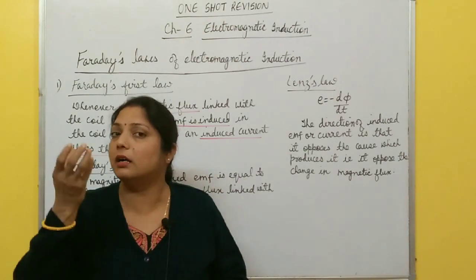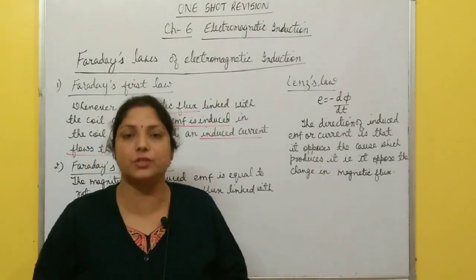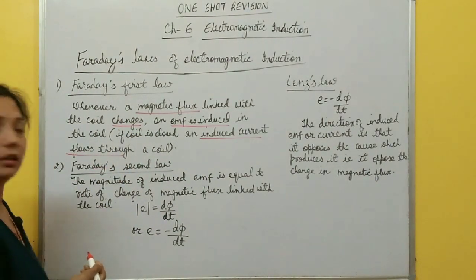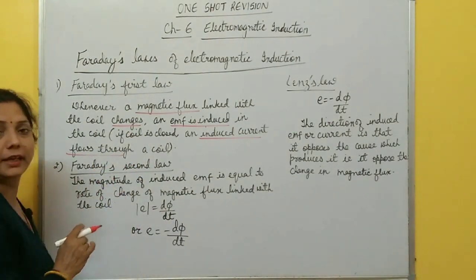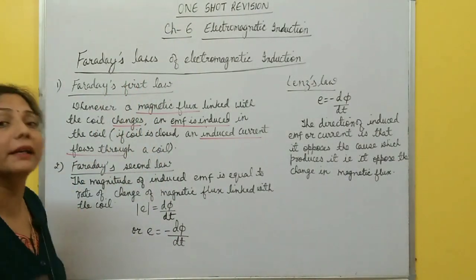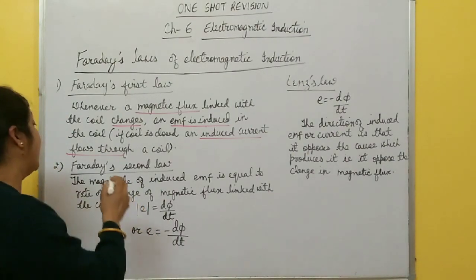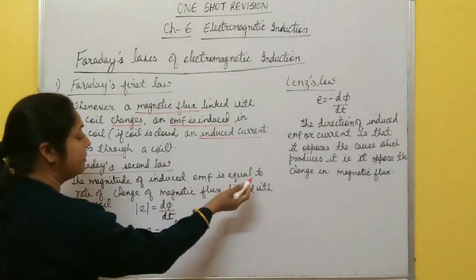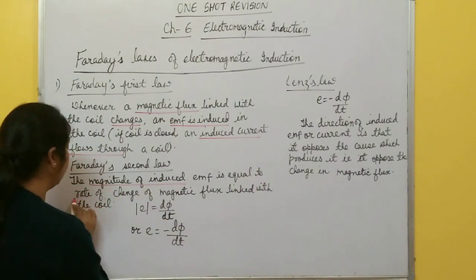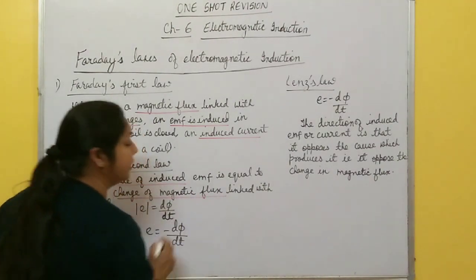Now, what is the magnitude of that induced EMF? It was given in Faraday's second law. According to Faraday's second law, which is actually the mathematical form of Faraday's first law, it gives the magnitude of induced EMF, and the magnitude of induced EMF is equal to the rate of change of magnetic flux linked with the coil.